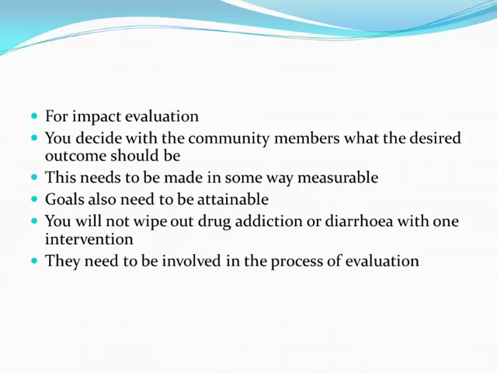One of the difficult issues is that the community might come in wanting to wipe out drug addiction or substance abuse and diarrhea with one intervention. This is not going to be feasible, as we all would know from years of experience. So what could happen is that you run a fairly successful intervention.